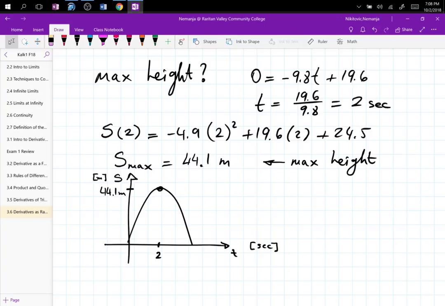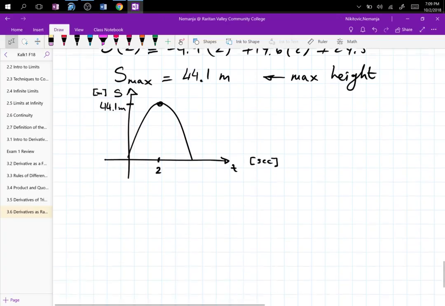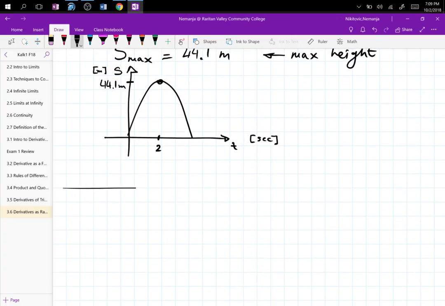Growth of population, decay of garbage and radioactive materials, or decay of, I don't know, whatever. Decay loses mass, right? And growth accumulates either money or population. So we can work these things out for population, for instance.